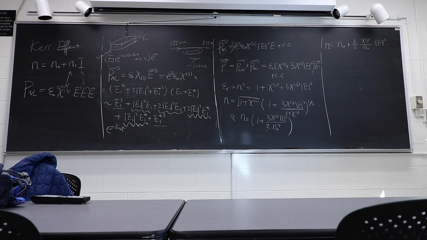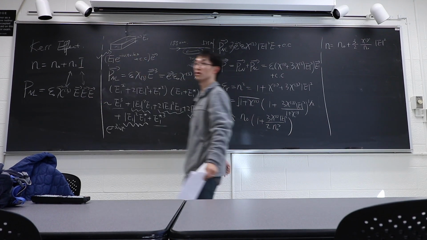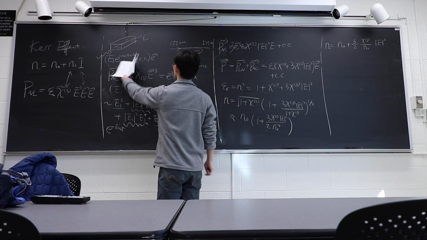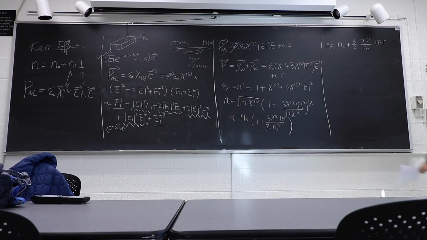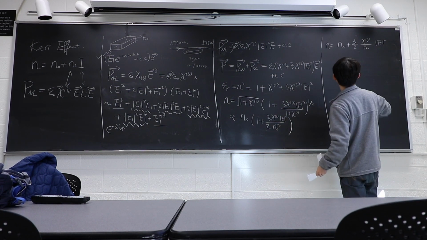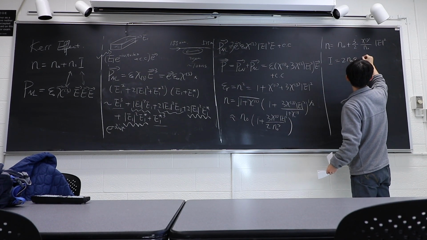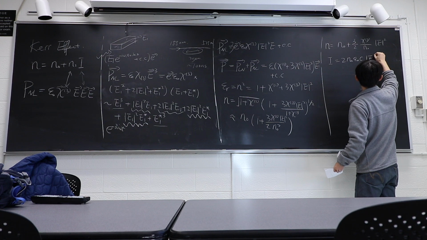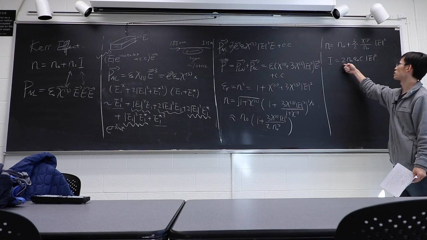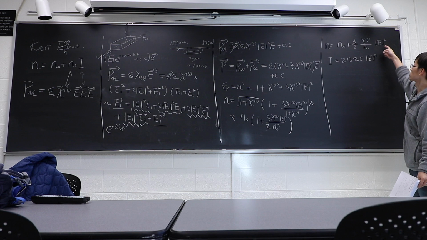Okay. And now we need to make the conversion between E and I, right? And for E, our definition is like this. We don't have the 1/2 factor, okay? So I is 2 epsilon naught n c E squared, right? This is a part that we should be careful about. And you plug this in.